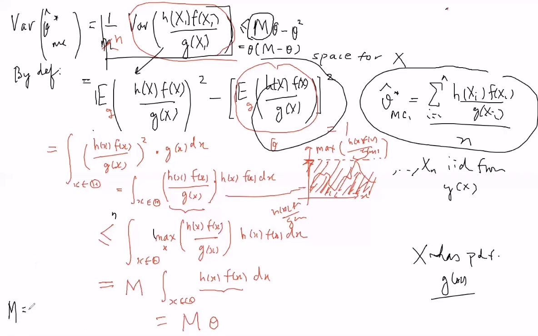So my m is the max of h(x) f(x) over g(x), over my x. All right. Okay, so this variance here will not exceed this amount.